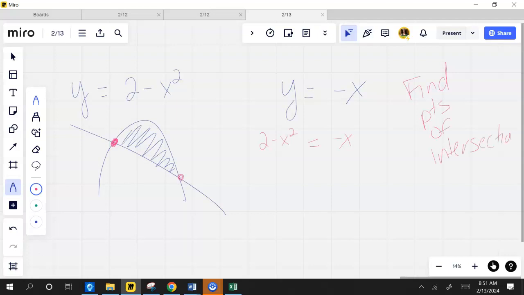Find the points of intersection, the bounds. Now, if you have a calculator, this is easy because your calculator will find it for you: second trace, intersect. But if you don't, you have to do it by hand this way.